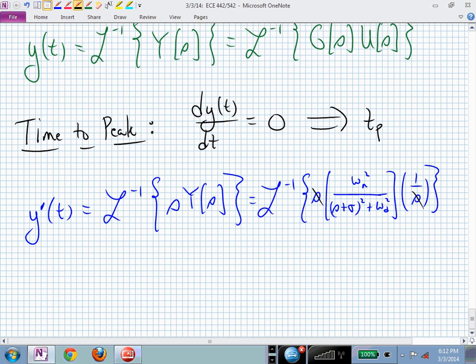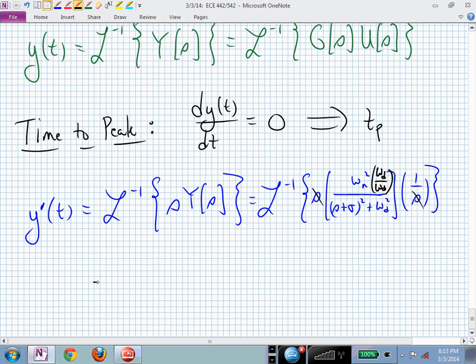And if I look at this, I could actually sort of force this to have the structure I want by scaling that by 1, because I need, in terms of an expression, omega d over s plus sigma squared plus omega sub d squared, and that's my pure sine, exponentially damped sine.